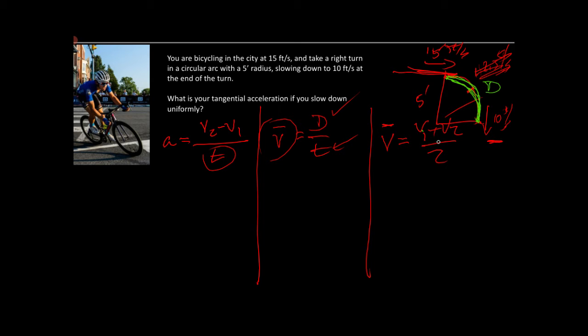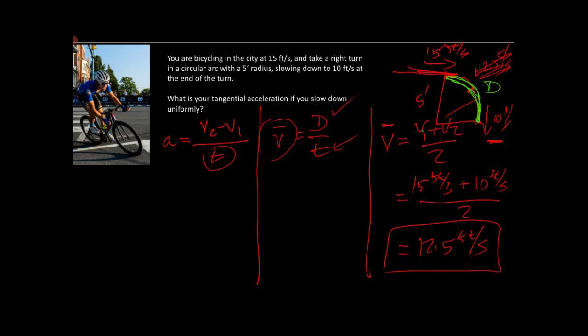So how does that work? Well, v1 plus v2 over 2, that's 15 feet per second plus 10 feet per second over 2. And that is 12.5 feet per second. So we got that. That's pretty reasonable.